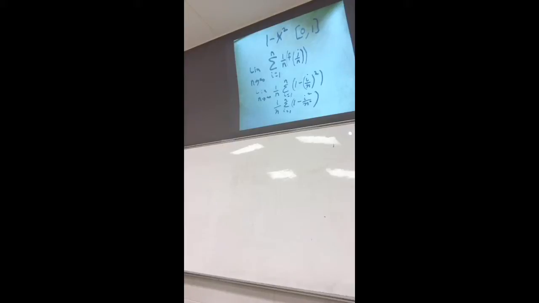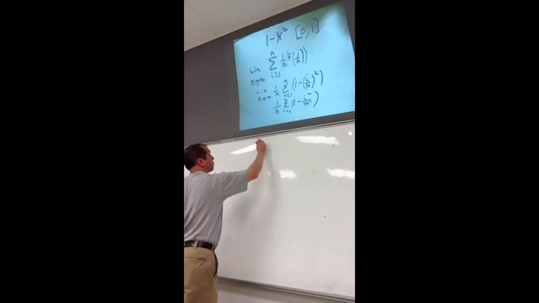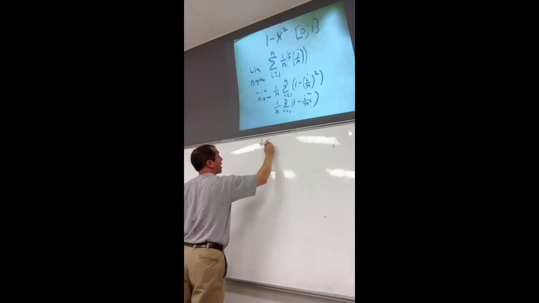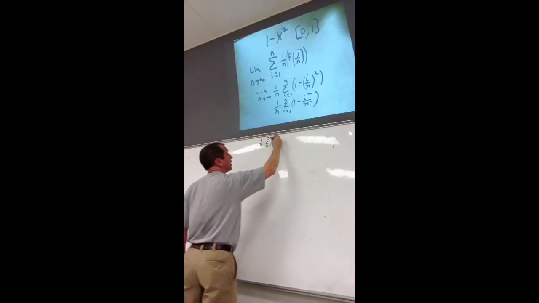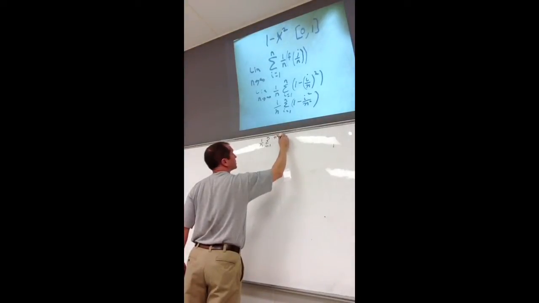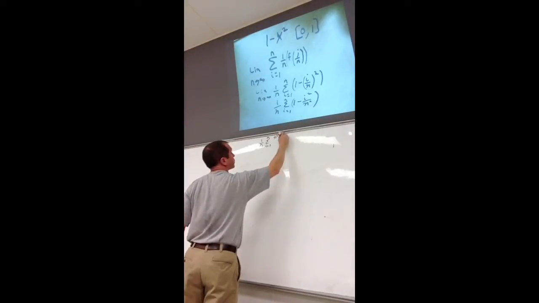Now, I'm going to break this up. I'll tell you what, let's get a common denominator and do this. This would be n squared over n squared. Are y'all with me? Okay. So it's going to be 1 over n times the sum of i equals 1 to n of (n squared minus i squared) over n squared.